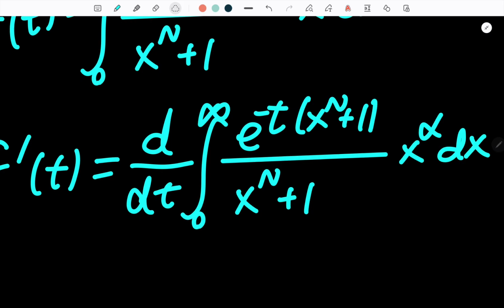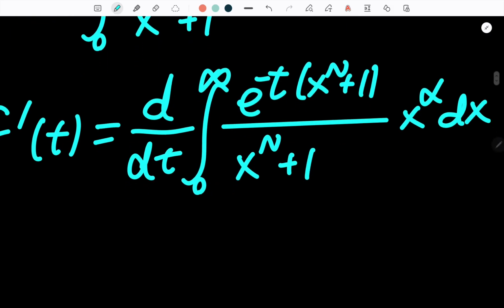Now, like I said before, this is the special case for Leibniz rule of differentiating under the integral sign, where we don't have functions of t in our limits. So we can go ahead and just bring in this derivative, and instead of being a regular derivative, we're going to have a partial derivative, which means we're treating every other variable except t as a constant.